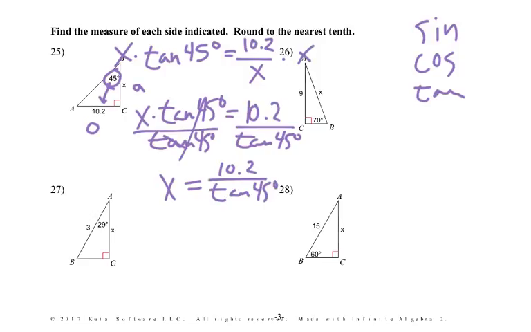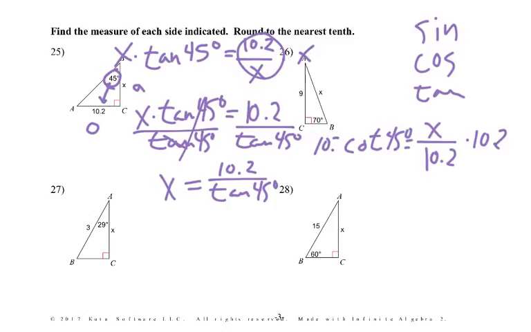However, knowing the reciprocals, if I just flip this to x over 10.2, that would be the cotangent of 45 degrees. Then all I'd have to do is times by 10.2, and I'd get 10.2 times the cotangent of 45 for my answer. So you can use either one, but now you have to use your calculator.